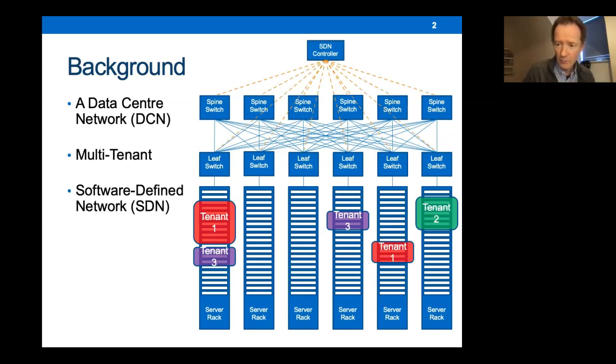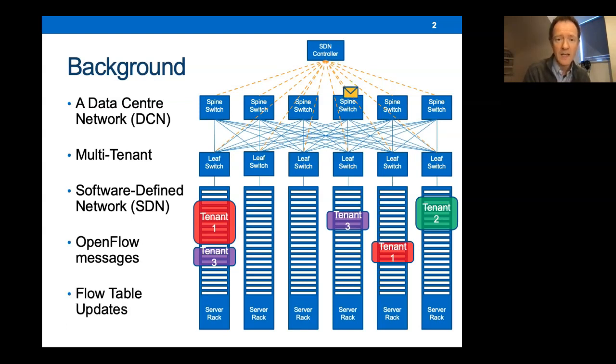OpenFlow is a protocol, and it has the benefit of being an open protocol. Netconf would be another open alternative, or there are proprietary options as well. But in an OpenFlow network, OpenFlow messages are exchanged between the controller and the switches, some of them to discover the layout of the network topology, or to maintain switch controller relationships, but primarily to keep flow tables on the switches up to date.